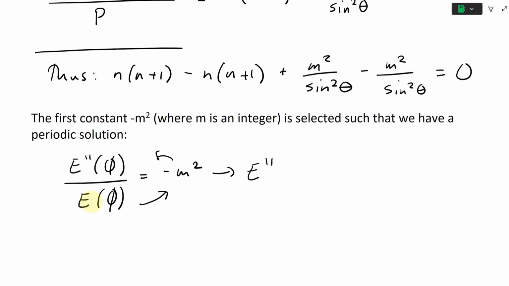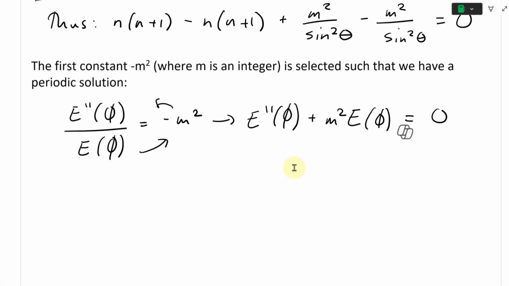We have a double prime of phi. So we have, again, a differential equation, I think it's just an ordinary differential equation. This is going to be plus m squared times phi, and this equals 0. Now the way to solve these, and I haven't done too much of this in my actual video series, but I'll probably do that later in the future.